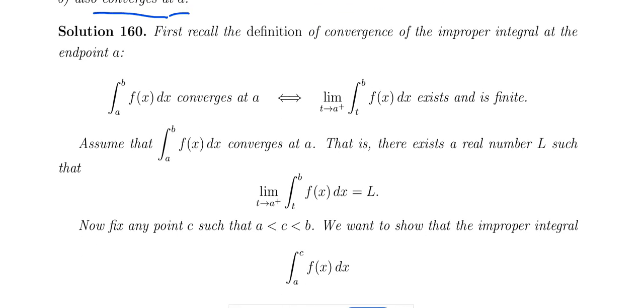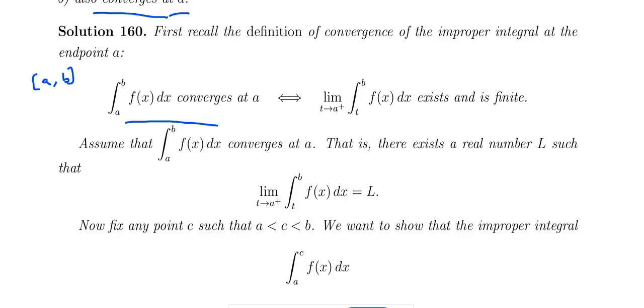So what is the meaning? Integral a to b f of x dx converges at a means limit t tends to a plus, that is the right hand limit. It is defined on the interval a comma b, so we can only take a plus, right of a, while for b we take left of b.